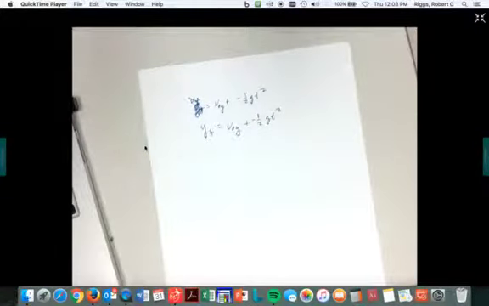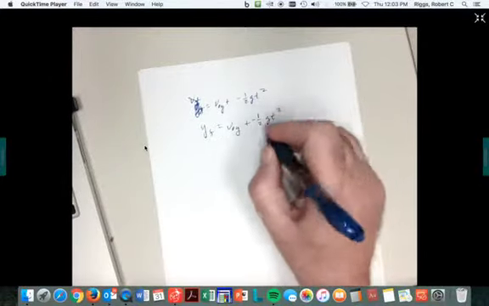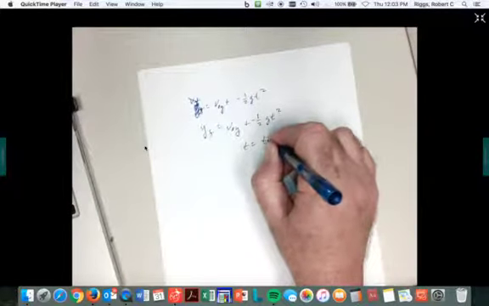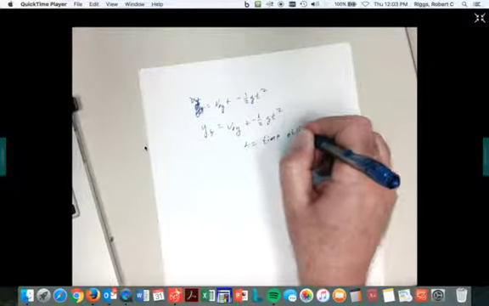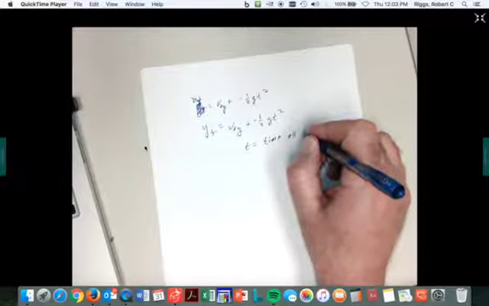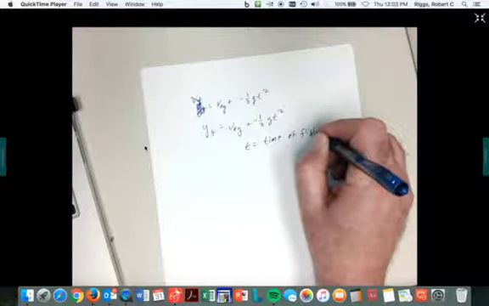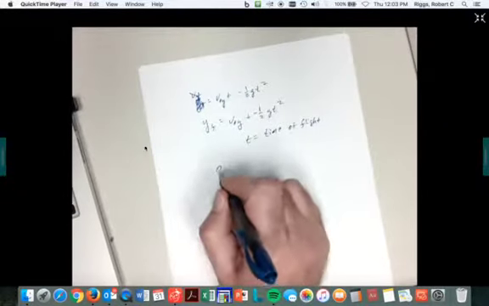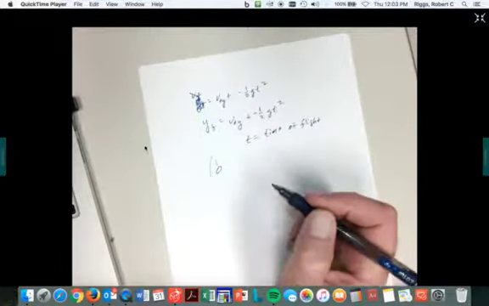Okay, and if V naught is going up, that's how we determine how long it's been in the air. What I did was tell you how long the ball's in the air. T is equal to the time of flight. Now it makes sense because it came up and back down.